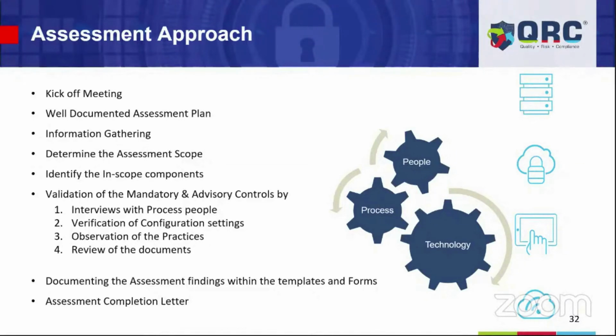Some of the validation methods are checking with an authorized person or the process owner of the specific component, interviewing them and understanding how they do it, and verifying the system configuration settings. By doing that, you can check whether the specific control has been implemented or not.